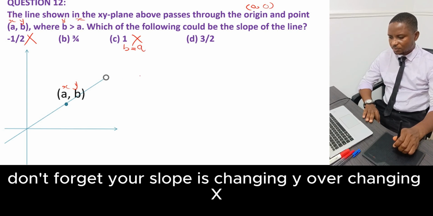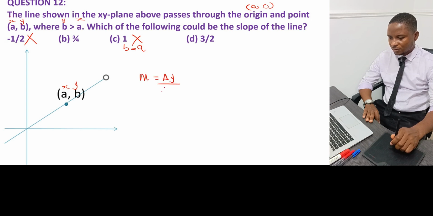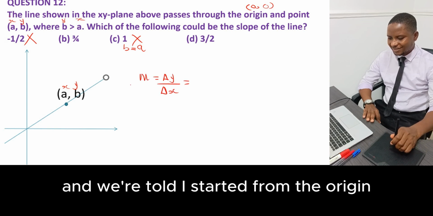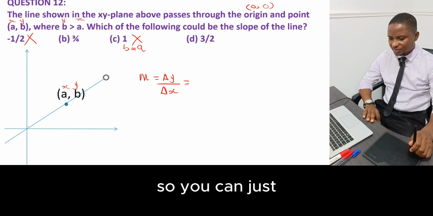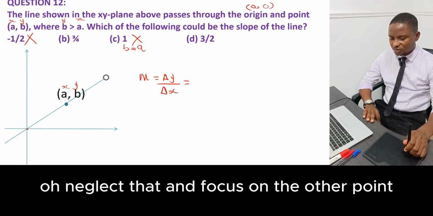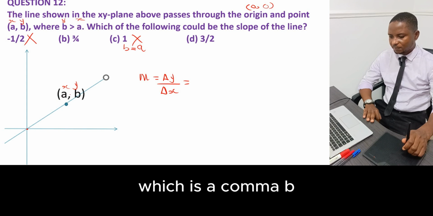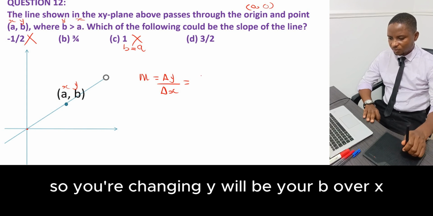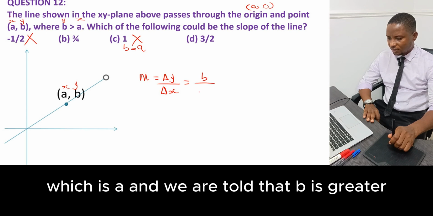Don't forget your slope is change in y over change in x. And we're told that it started from the origin, so you can just neglect that and focus on the other point, which is (a, b). So your change in y will be your b over x, which is a.